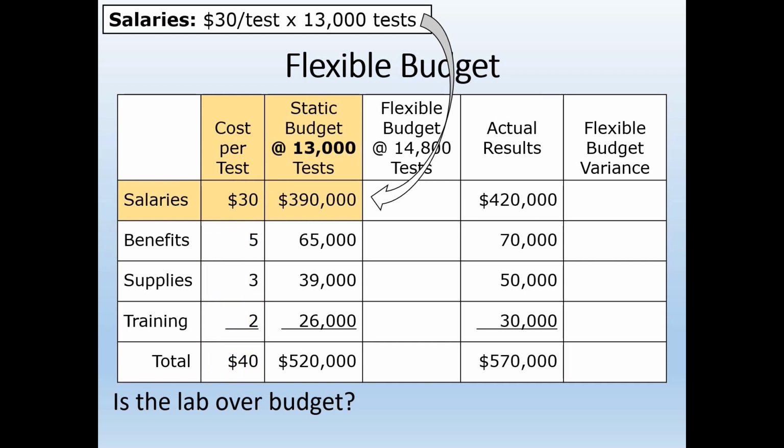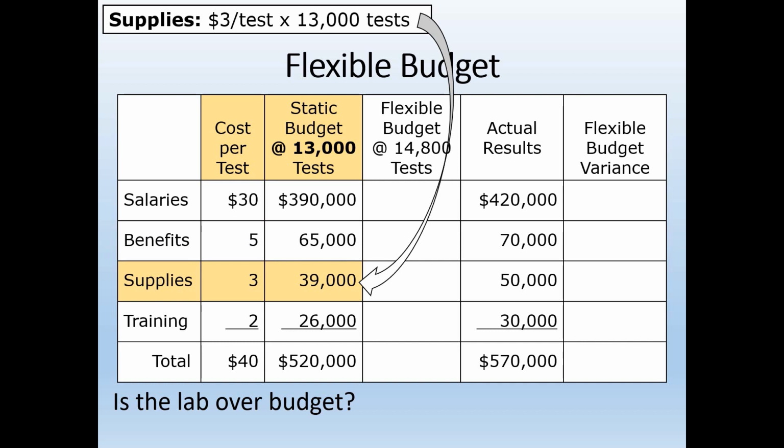For example, the salaries for the static budget represent $30 per test times the 13,000 tests that the hospital expected the lab to make. And the cost for benefits is $5 per test times the 13,000 tests that the hospital thought the lab would make.